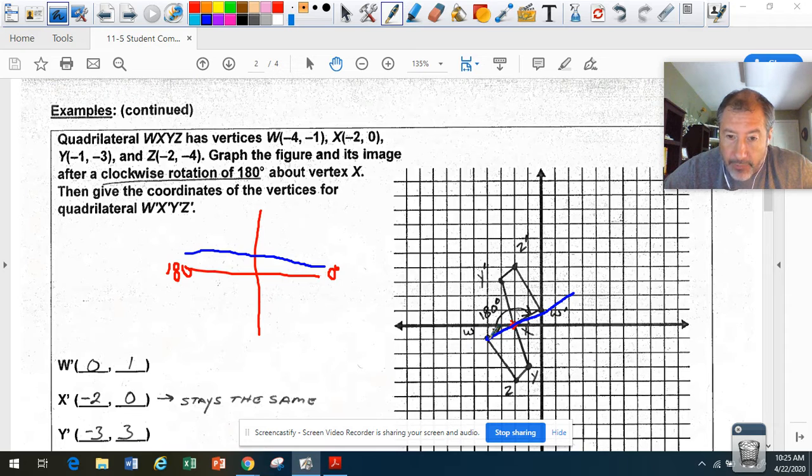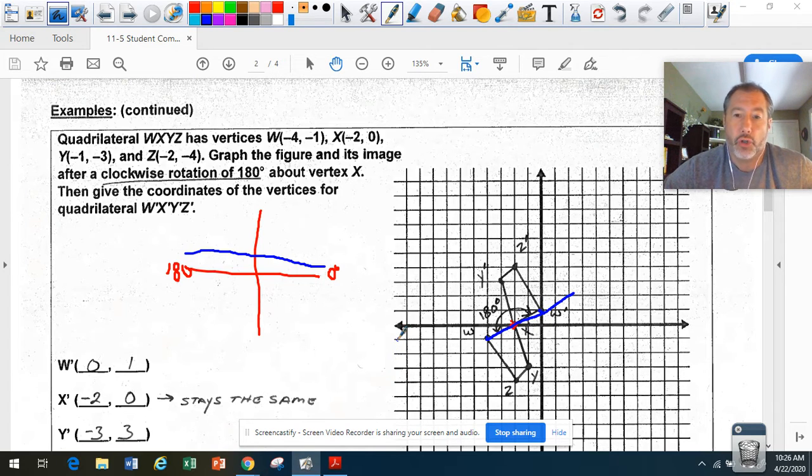Because if I look here, if I go up 1 over 2, slope, rise 1 over 2, then I'm going to do the same from point X: rise 1 over 2, and this gives me my W prime. So there's my W prime right there.